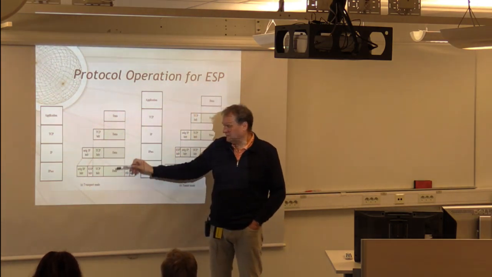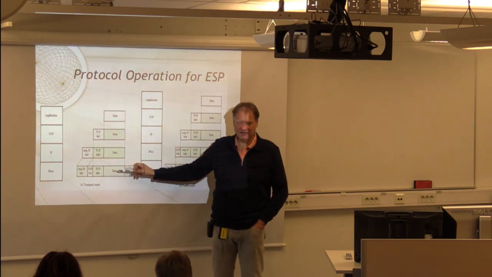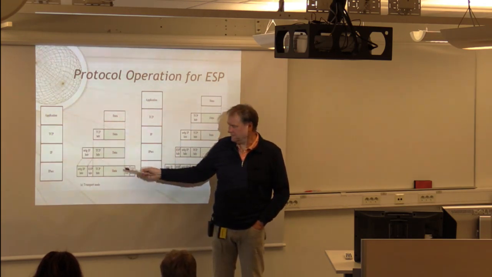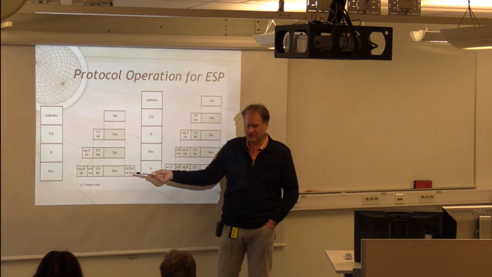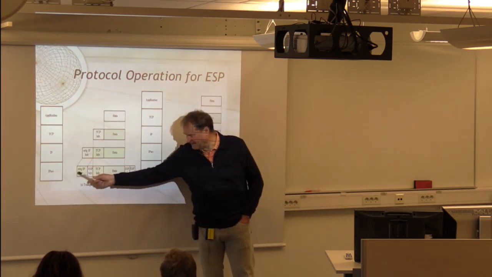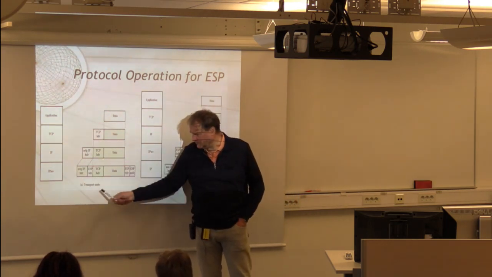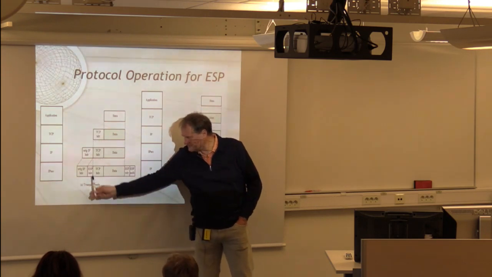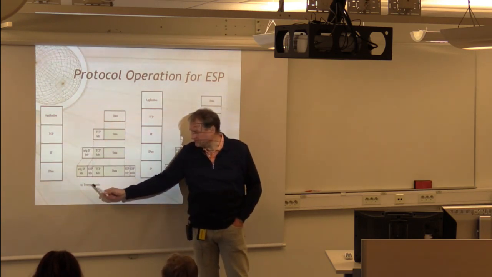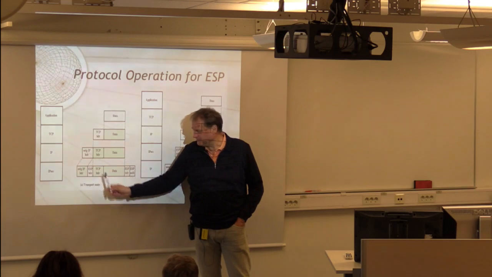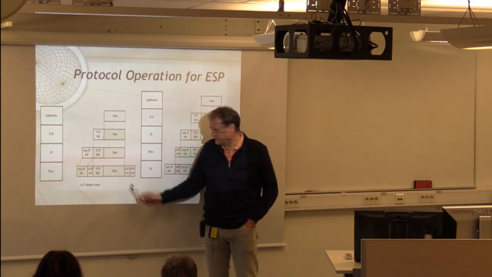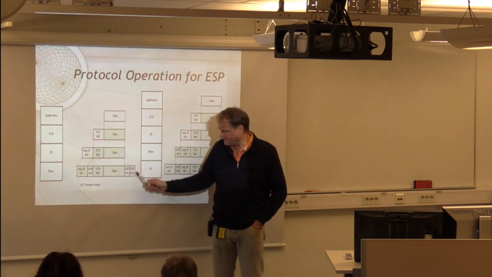And then IP is intercepted by IPsec here. And then if a policy says that we should protect it, we insert this ESP header inside here. We still use the original header, and then we perform the authentication on the data here and add these trailers here.